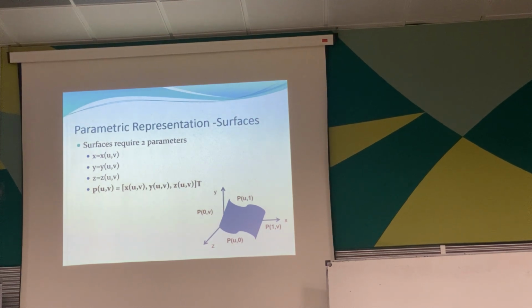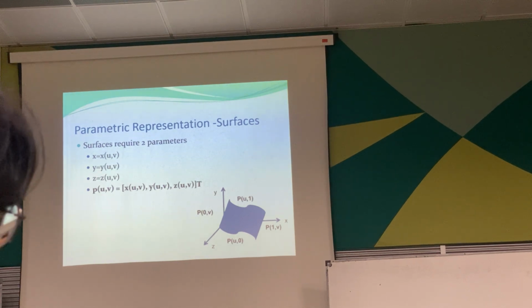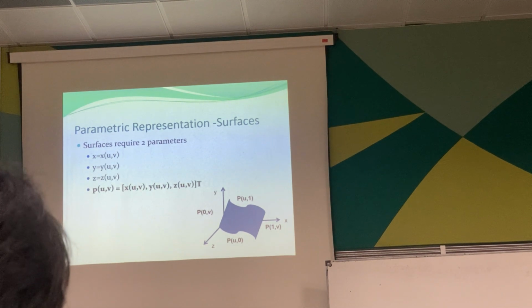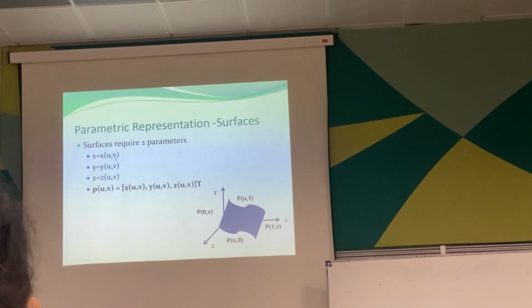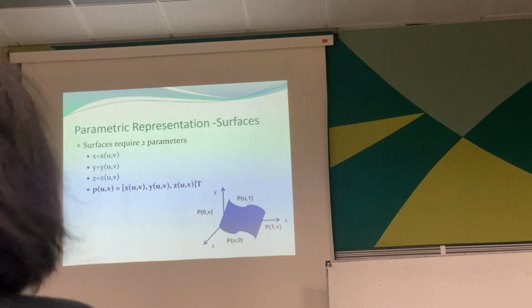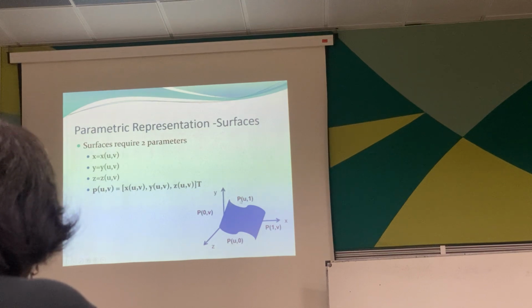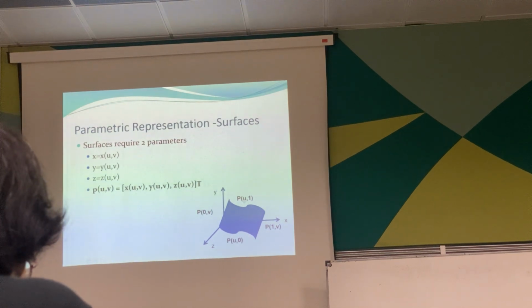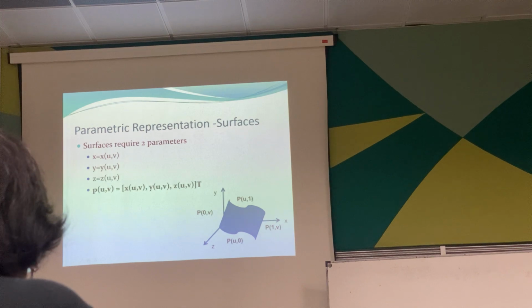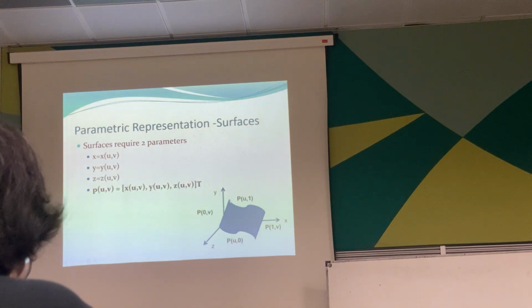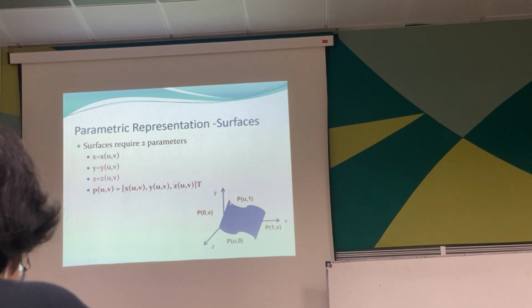Surfaces mean the 3D ones. For 3D, you require two parameters rather than just u. Now you need two parameters, u and v. You can see here this is the surface. For any point P here, you need to pass in your u and then your v. Then you have to calculate what the value is at this point.